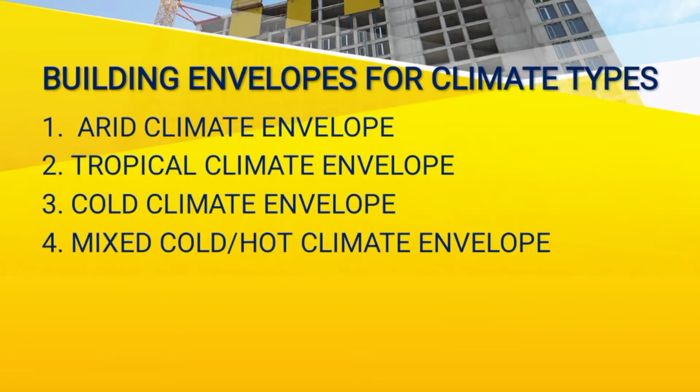Third, we have cold climate envelope. Considering that cold climates have many more heating degree days than cooling degree days, maximizing insulation is the key to keeping warm, as well as using windows for solar gain on thermal mass inside the building envelope. This is very unlike arid climates.